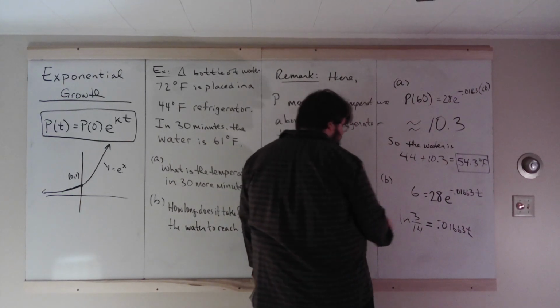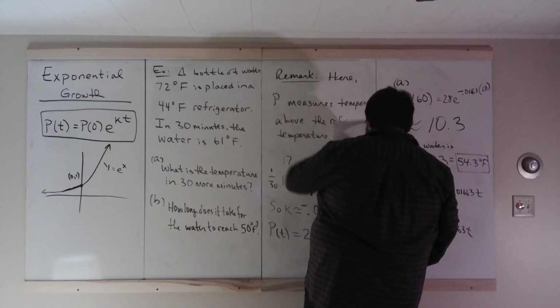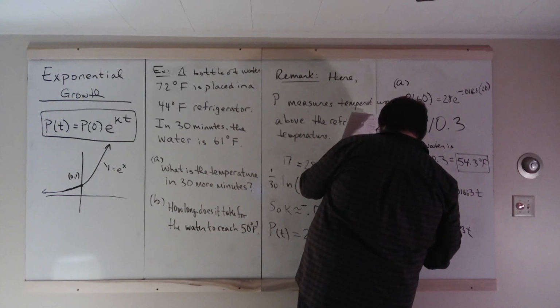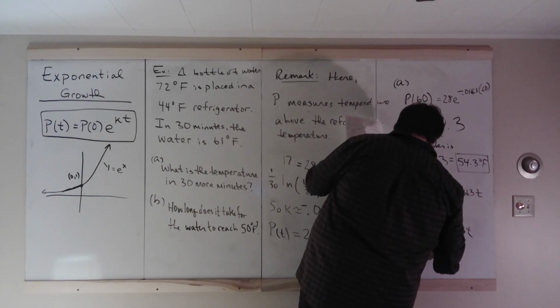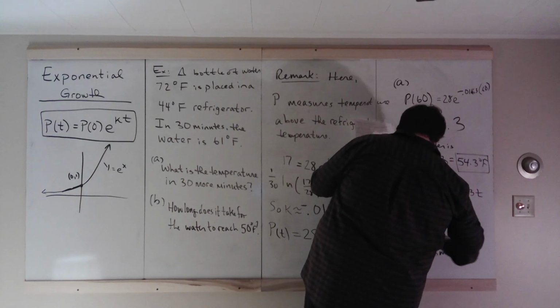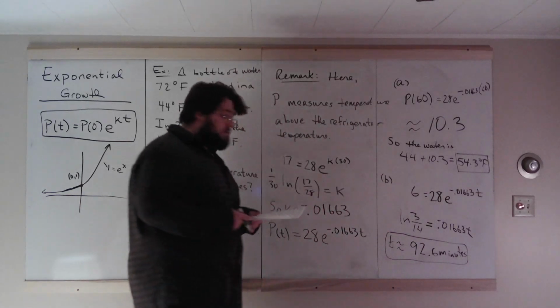Take logs of everything and divide, and you get t is approximately equal to 92.6 minutes. Which is how I knew in about 30 minutes I would lose another about 3 degrees.